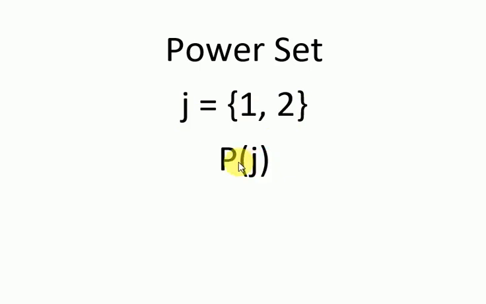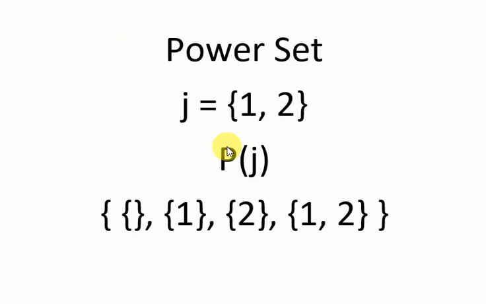Well, the power set of {1, 2} will be a gigantic set, which contains a set without anything, an empty set, a set with only 1 inside, a set with only 2 inside, and a set with 1 and 2 inside. So, what is happening here? What does a power set actually do?